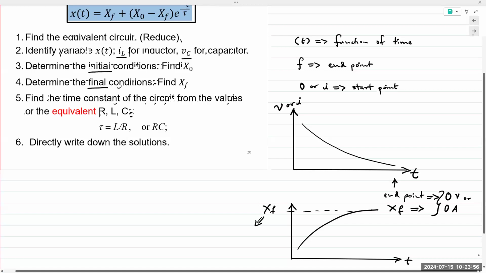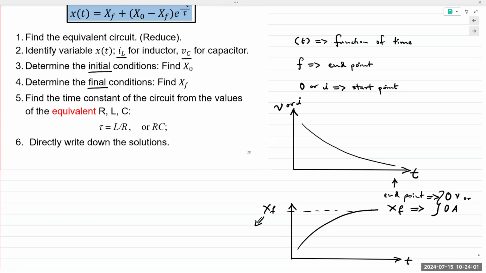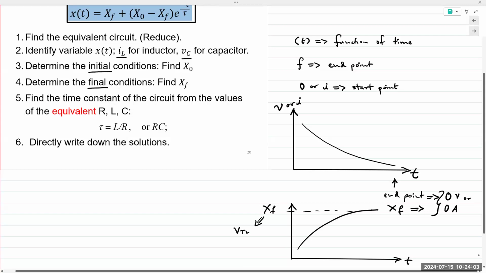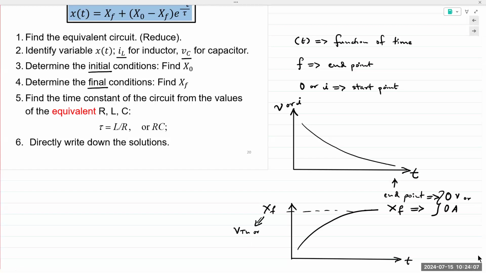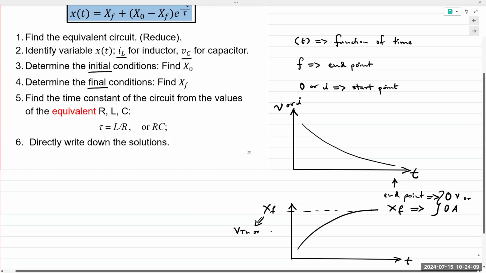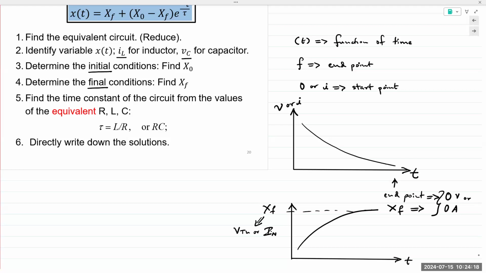So it depends on the source voltage or the source current, as seen by the component. So Vth or IN. Now in a quiz or an exam, I'm not going to give you a large circuit and ask you to figure it out yourselves. It'll be part of a larger circuit, but you will already know the value because you would have already calculated the Thevenin voltage or the Norton current, and that would be applied to the component.